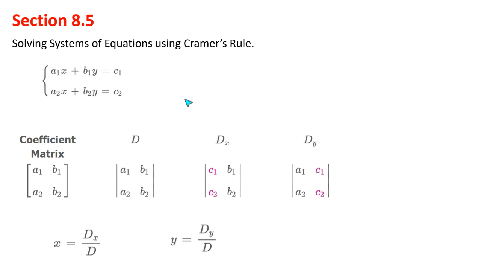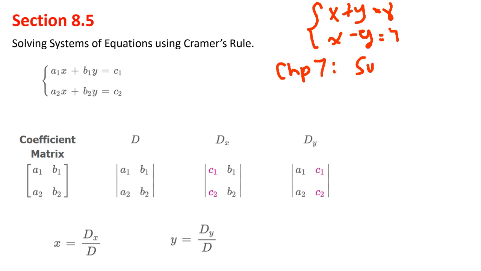Now, why do we care about the determinant? That's the big question again, right? So now, just to summarize what's been going on: if we have a system, let's say you have this, then in chapter 7 you had substitution, you had elimination, and then in chapter 8 we had Gauss-Jordan.